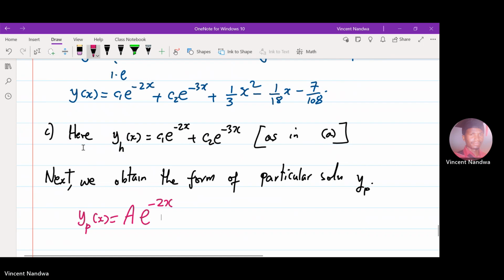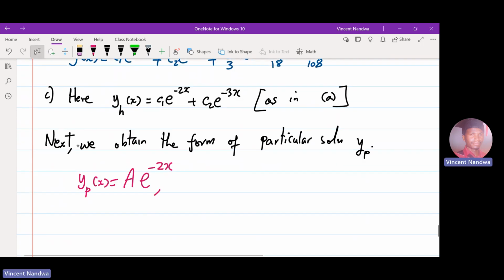So let's see. If that is the YP, then YP prime will be negative 2a e power negative 2x, okay? Which method are you applying to get that derivative? Chain rule, correct.